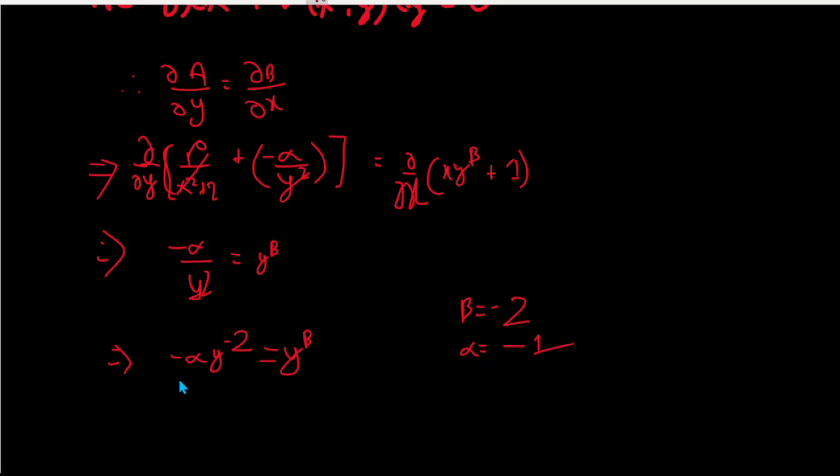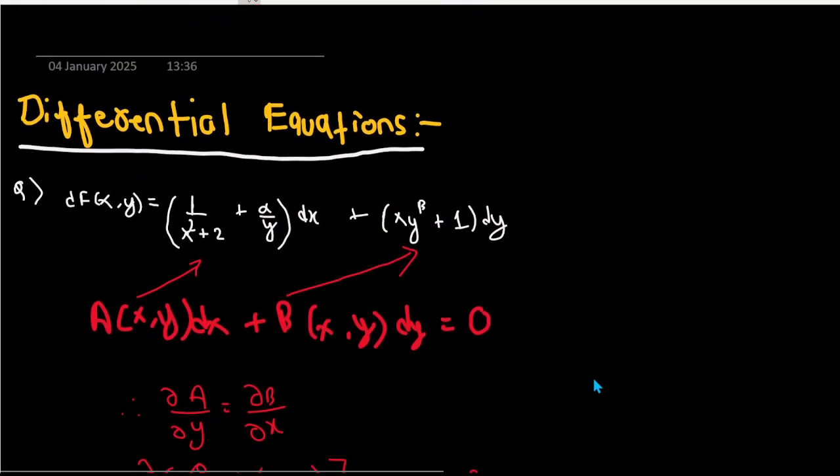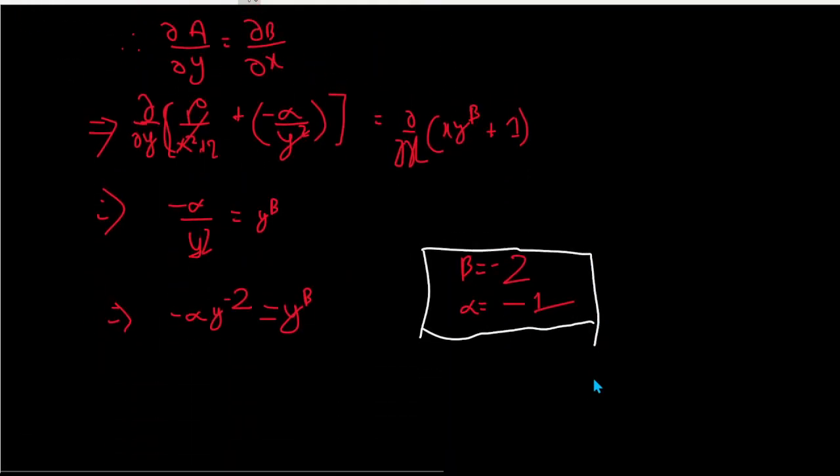Because if you put alpha as negative 1, the negative and negative become positive, and with y to the power minus 2 and beta as minus 2, it is exactly the same. So finally we have figured out the values of beta and alpha. Quite simple. It looks like a very big question, but actually it's simple. We have found the values of alpha and beta.